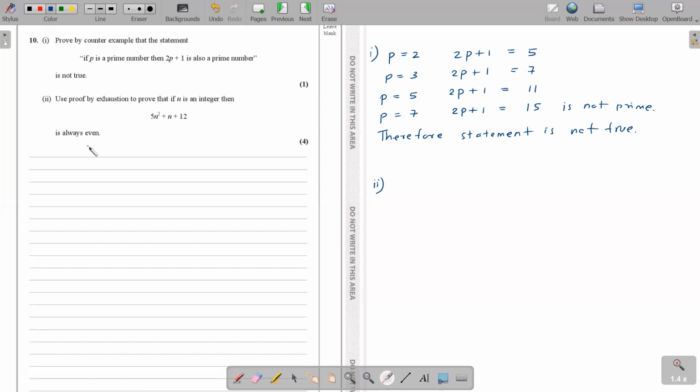Now, how do we identify even numbers? An even number is always a multiple of 2. That's how you identify it's even. But how do we prove that 5n squared plus n plus 12 is a multiple of 2? You can see there's no way to take a 2 out just like that.